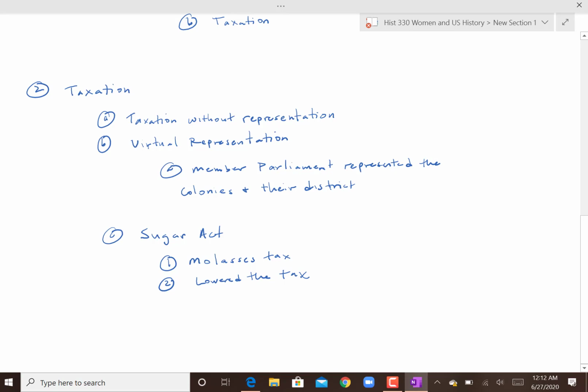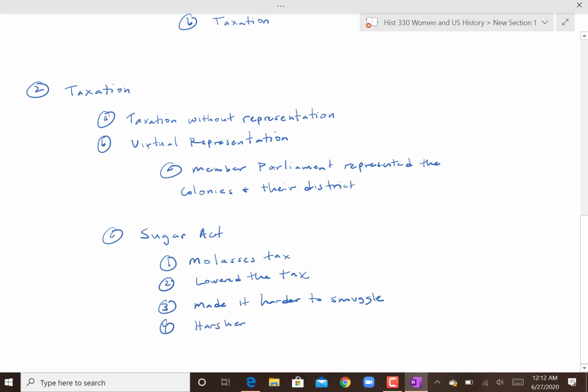It reduced it, but they made it harder to smuggle, which doesn't inherently sound like a bad thing. There were harsher punishments.